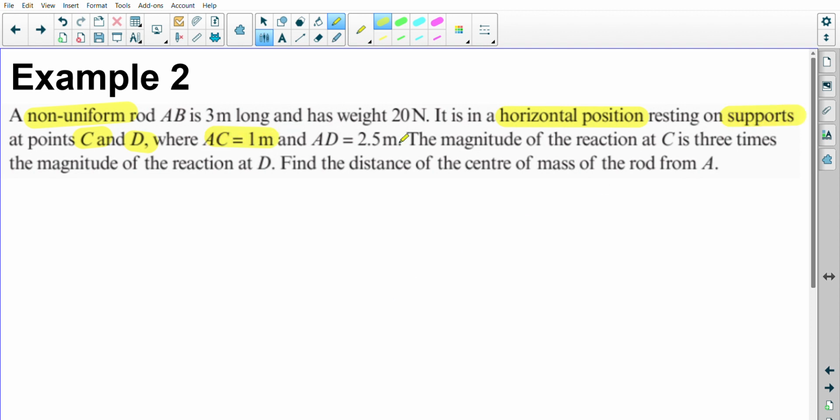AC is 1 meter, AD is 2.5 meters. The magnitude of the reaction at C is 3 times the magnitude of the reaction at D. Find the distance of the centre of mass of the rod from A.